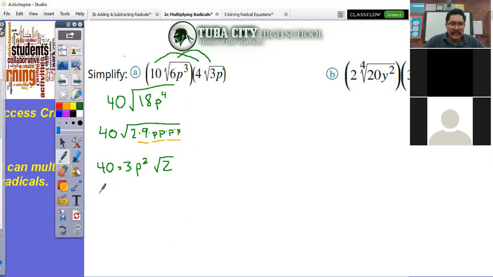So let's go ahead and multiply what we have. So 40 times 3 is 120, p squared. And leave a little bit of space in here or put a dot in there. And that just shows me that the 2 is not the index, but it's the power of the p.